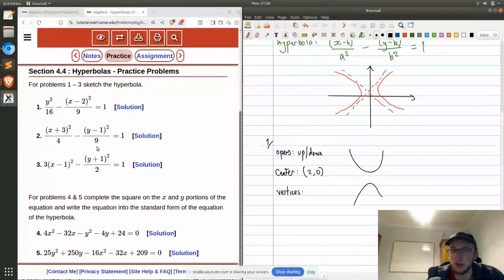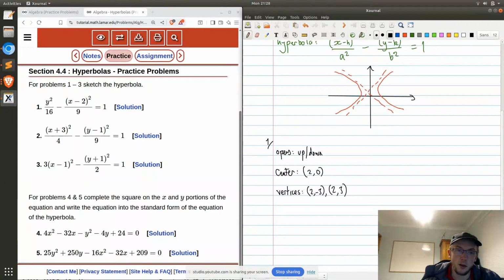I mean, that's why it's in this standard form, right? Exactly. So 2, minus 3, 2, 3. That's what I think, but I don't know that for sure right now. No, totally wrong. Because we're looking at the wrong thing. Okay, fine. 2, 4, 2, minus 4. How about that?